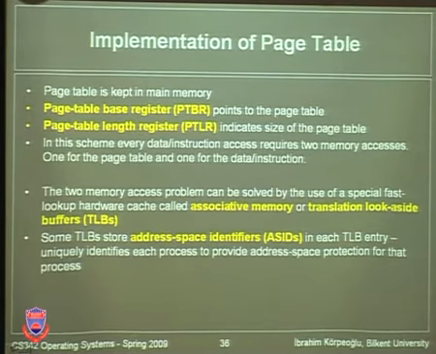In order to not mix up the page number to frame number mappings among different processes, you also associate with each mapping the process ID to which that page belongs. Okay, so we call that the address space identifier. That's basically the process ID of the process. Some TLBs also store the process IDs.